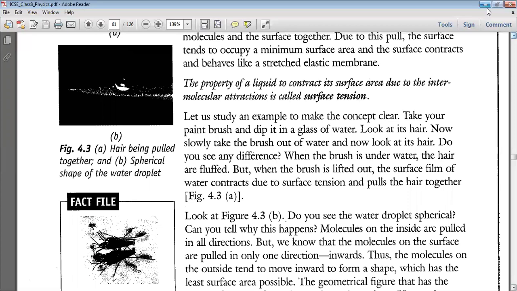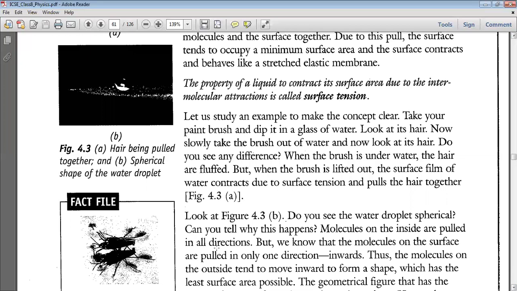Why? Because the molecules on the inside are pulled in all directions, inwards. The molecules at the surface are all pulled inwards.